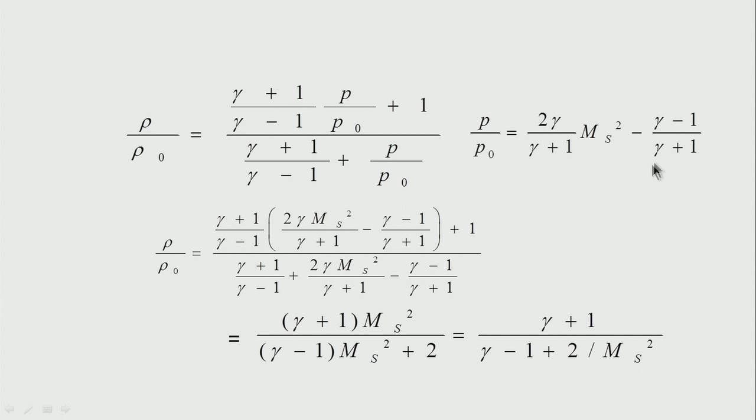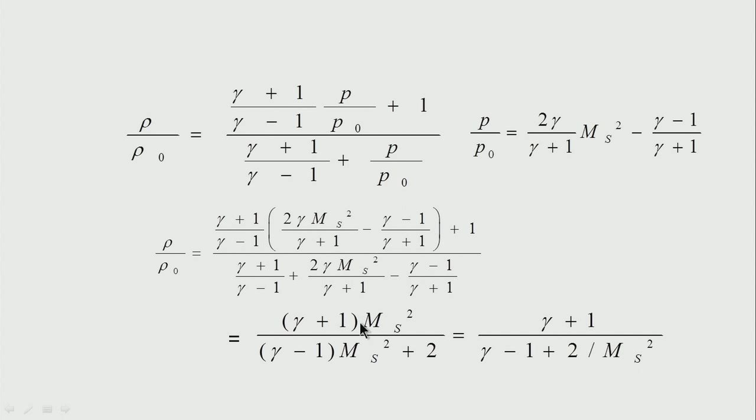This is the value of P by P0 which is again on the board, and therefore, I substitute this over here, and what is it I get? I get rho by rho 0 is equal to gamma plus 1 divided by gamma minus 1 into this particular expression plus 1, divided by gamma plus 1 divided by gamma minus 1 plus the value of this expression, which I simplify. I get gamma plus 1 into Ms square divided by gamma plus 1 into Ms square plus 2.